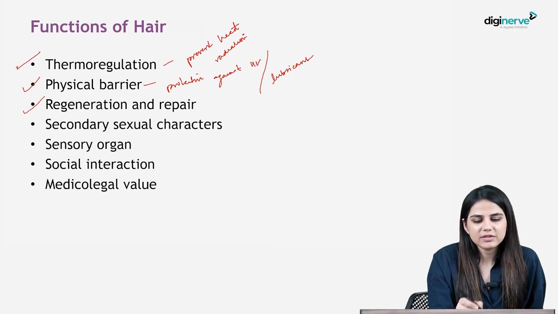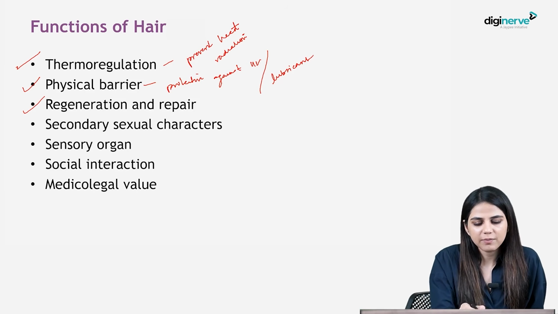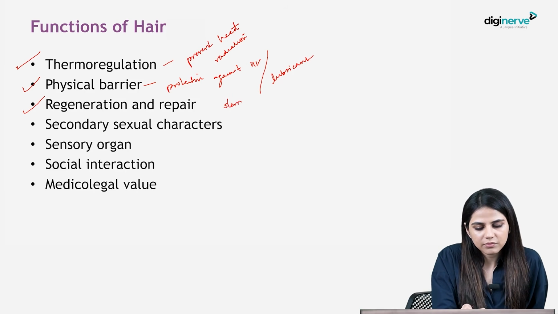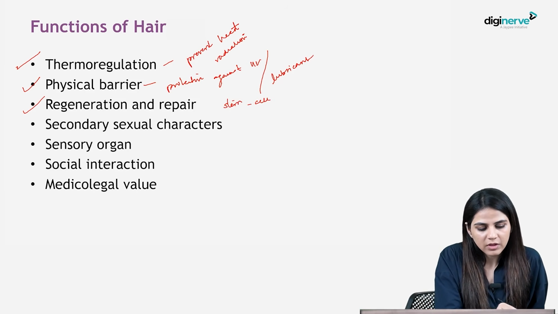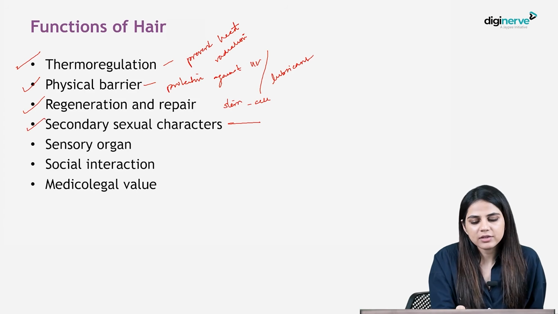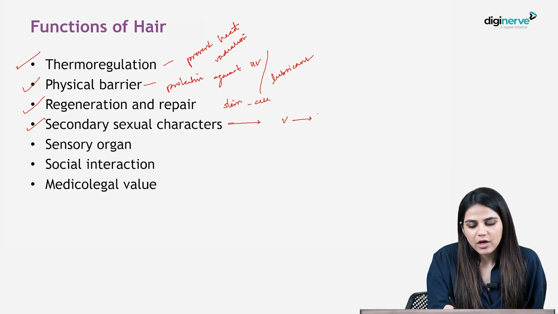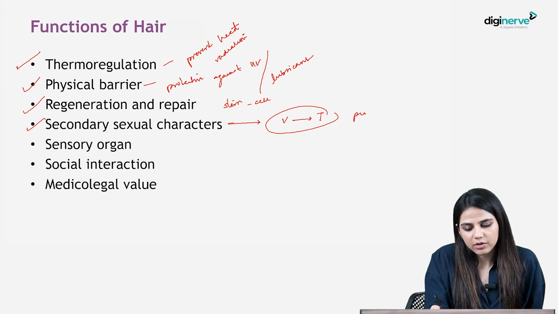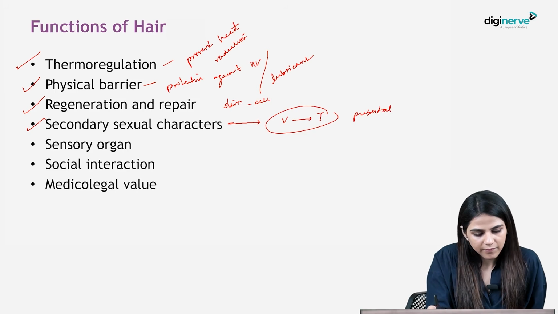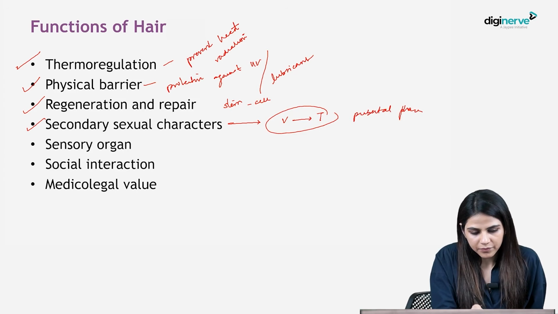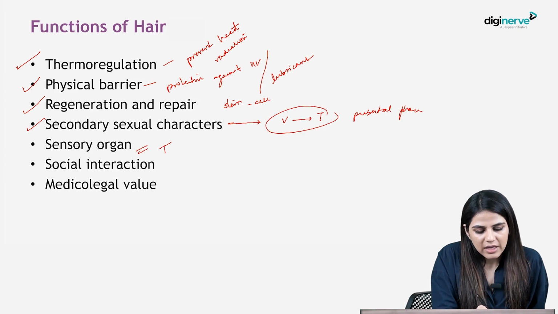Regeneration and repair because the stem cells are present in the bulge and the bulb region. Secondary sexual character is the conversion of vellus hair to terminal hair during the pubertal phase. Acts as touch and vibration receptors as well to a certain extent.